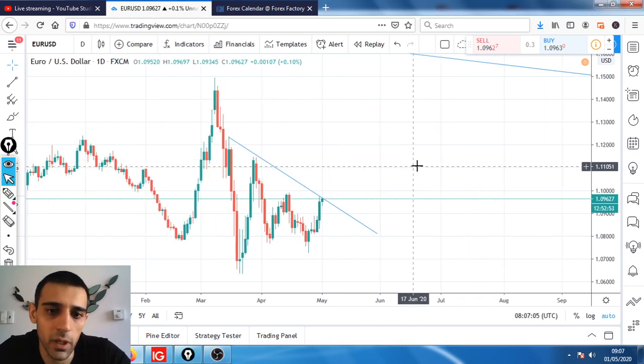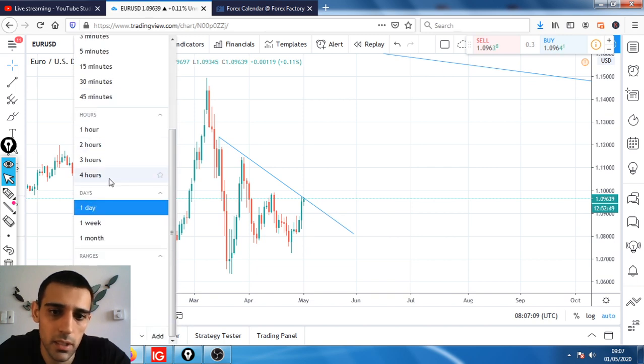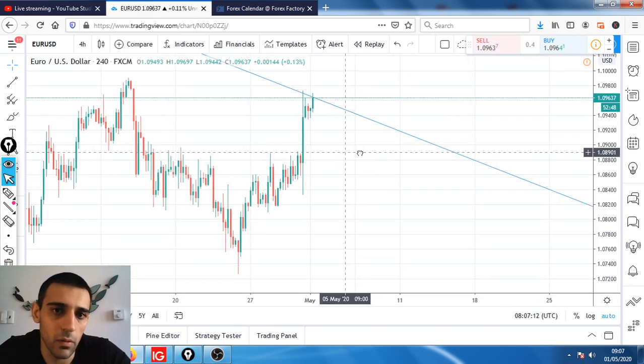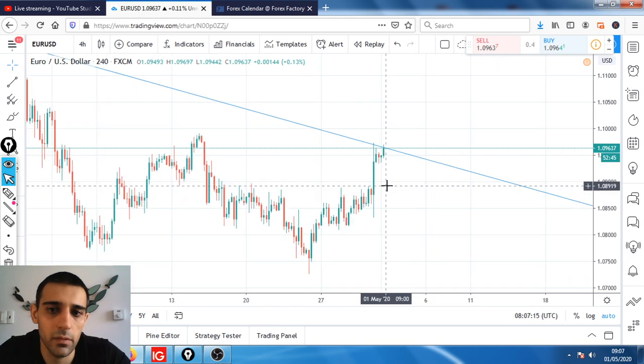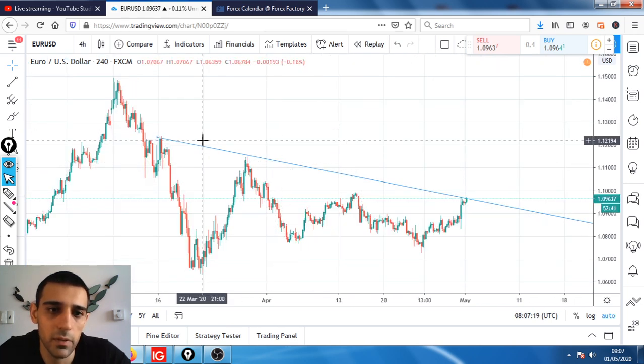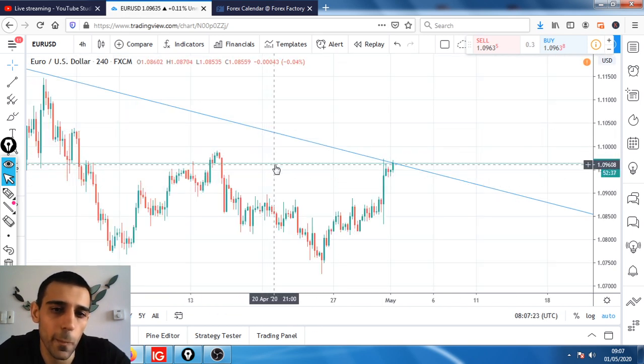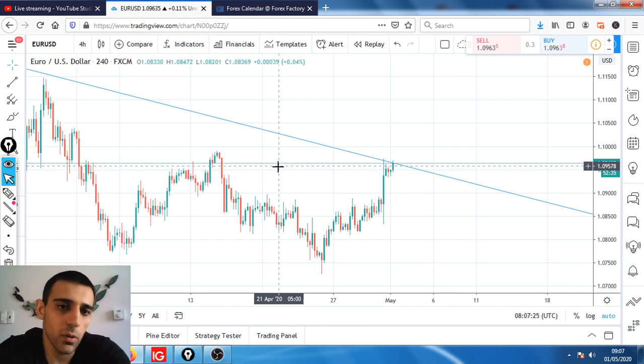If you want to give it a try, I'm certainly going to give it a go. Let's see what's going on on the 4-hourly time frame. On the 4-hourly we have this 4-hourly trend line. It depends on your style of trading.